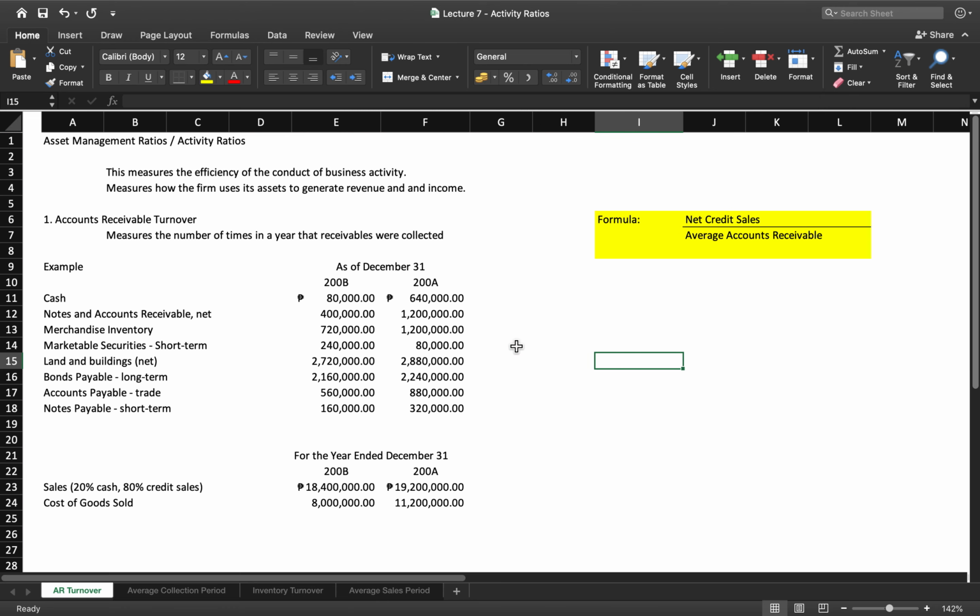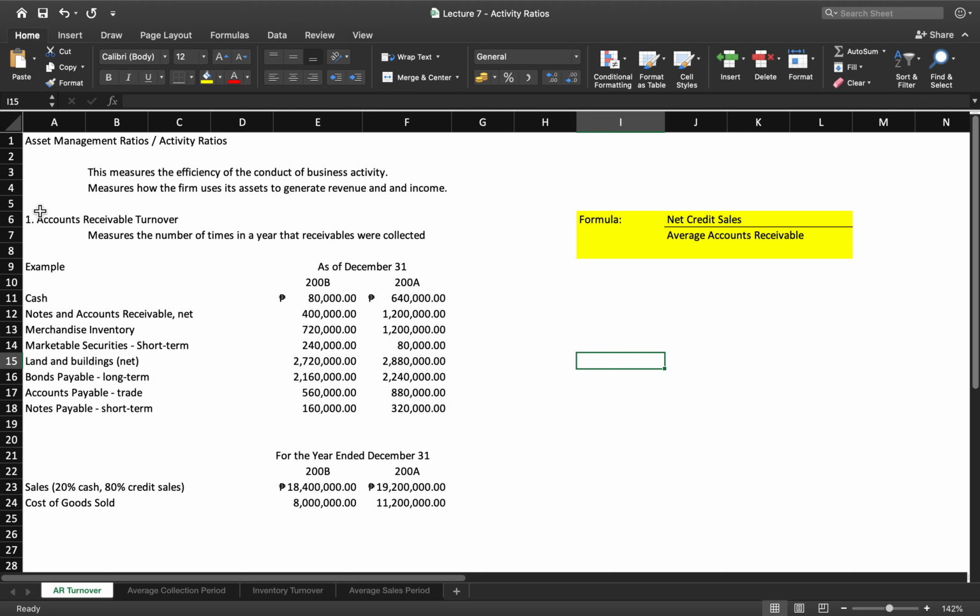Okay. So, our first formula is accounts receivable turnover. So, what is accounts receivable turnover? Accounts receivable turnover measures the number of times in a year that receivables were collected. Again, that is the number of times in a year that receivables were collected.